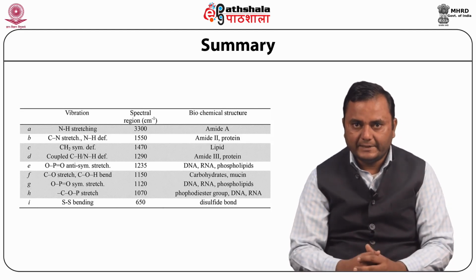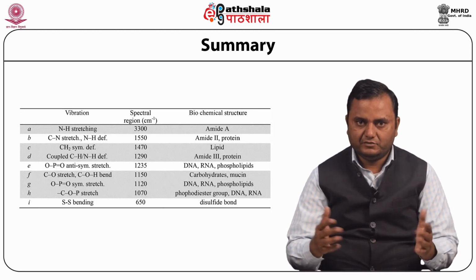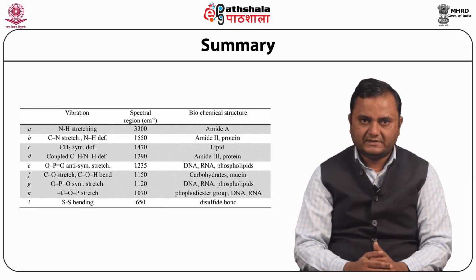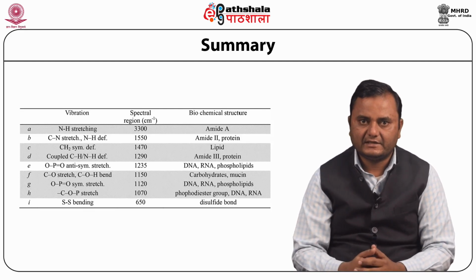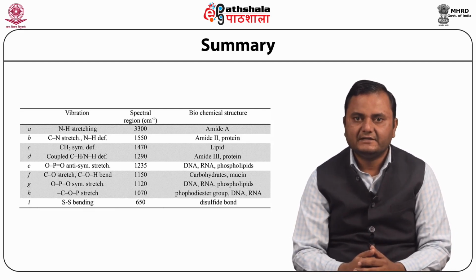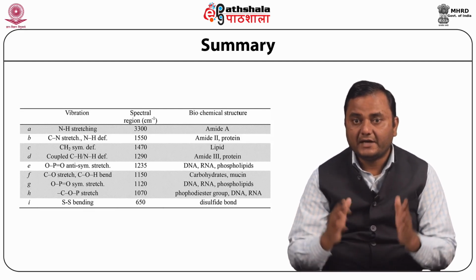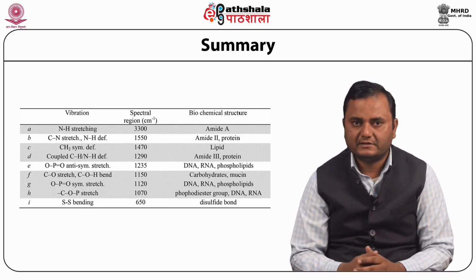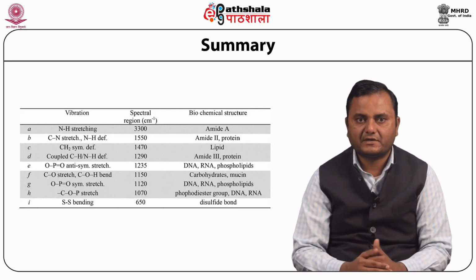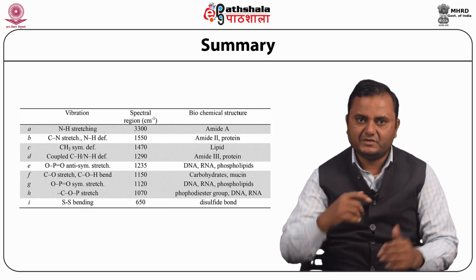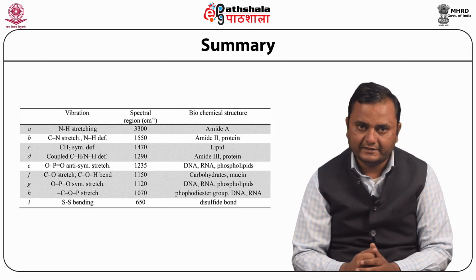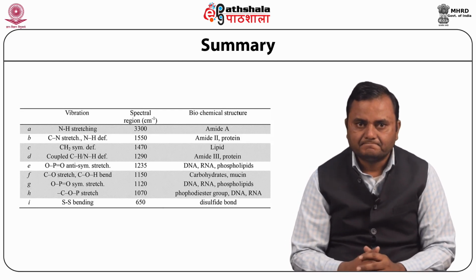As we talk about the lipid, because of the CH2 symmetric deformation, it gives a peak at 1470 per centimeter. And amide 3 of the protein, because of coupled carbon-nitrogen and hydrogen-nitrogen deformation, gives you an intense peak at 1290 per centimeter.